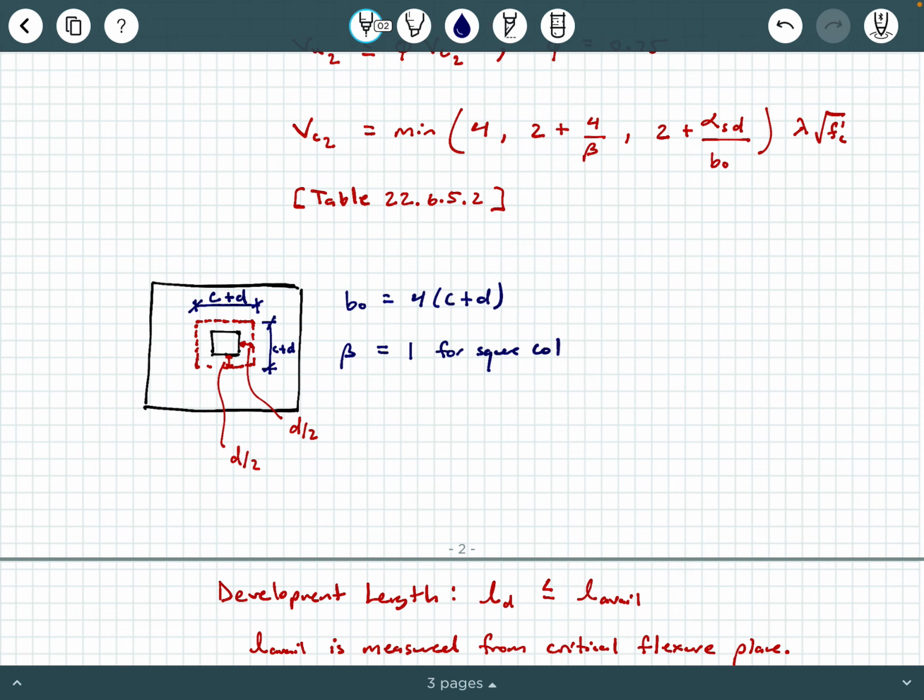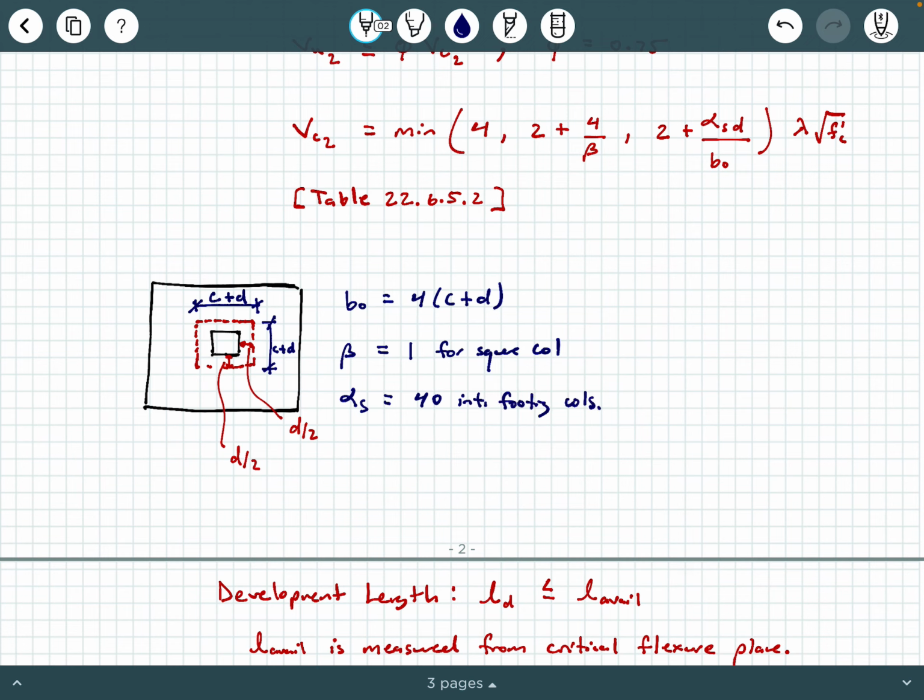Now, what about alpha sub s, okay? Alpha sub s is given in 22.6.5.3 of ACI. That's on the very next page. And alpha sub s is 40 for interior columns, 30 for edge columns, and 20 for corner columns. So alpha sub s will be 40 for interior footing columns.